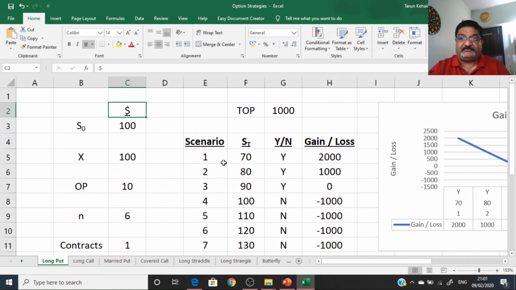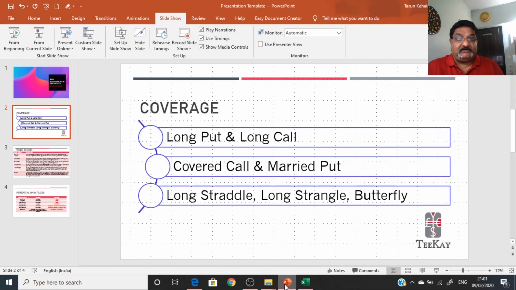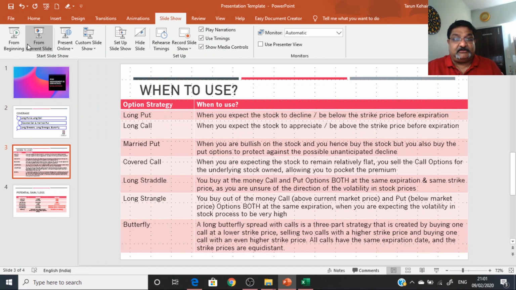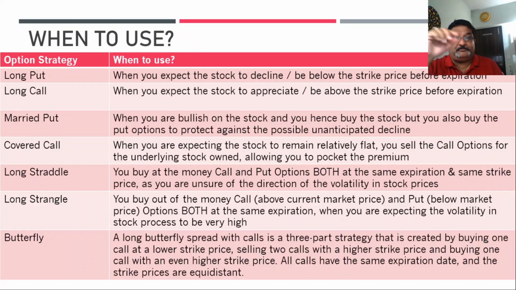So first of all, try to understand what happens in case of a long put. Let me quickly take you through the slide which tells you about the long put. If you look at the slide, when should you use the long put? As expected, this is a put option. You will buy a long put, basically means you are buying a put option.